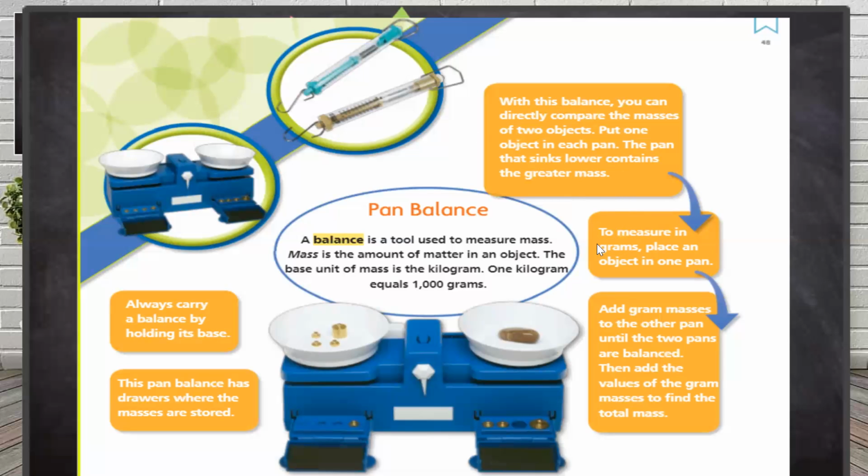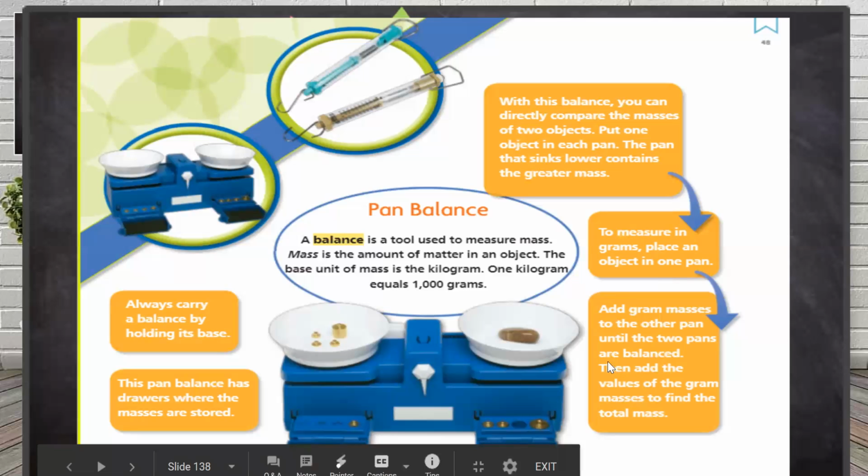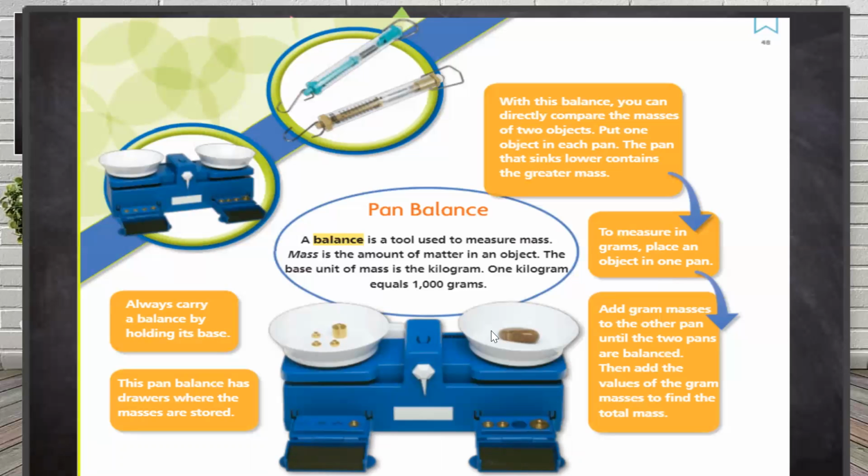Excellent. To measure in grams, place an object in one pan, add gram masses to the other pan until the two pans are balanced. So if you want the exact amount of mass in this rock, you need to balance them. Over here you can see, what can you see?